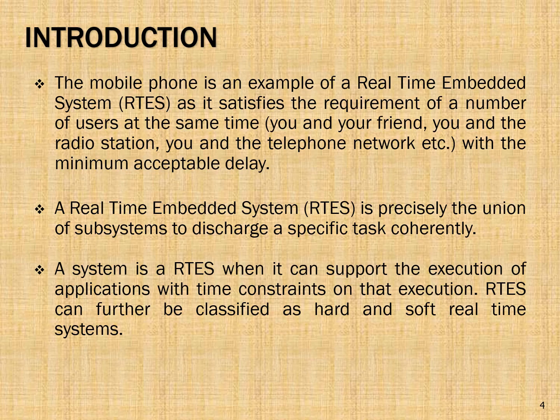So the time deadline or time frame within which the job is to be completed is defined, and the embedded system is capable of executing within the defined time frame. That's why they are called real-time embedded systems. RTES can further be classified as hard and soft real-time systems. This real-time system is basically divided into two fundamental categories: one is called hard real-time and another is called soft real-time.